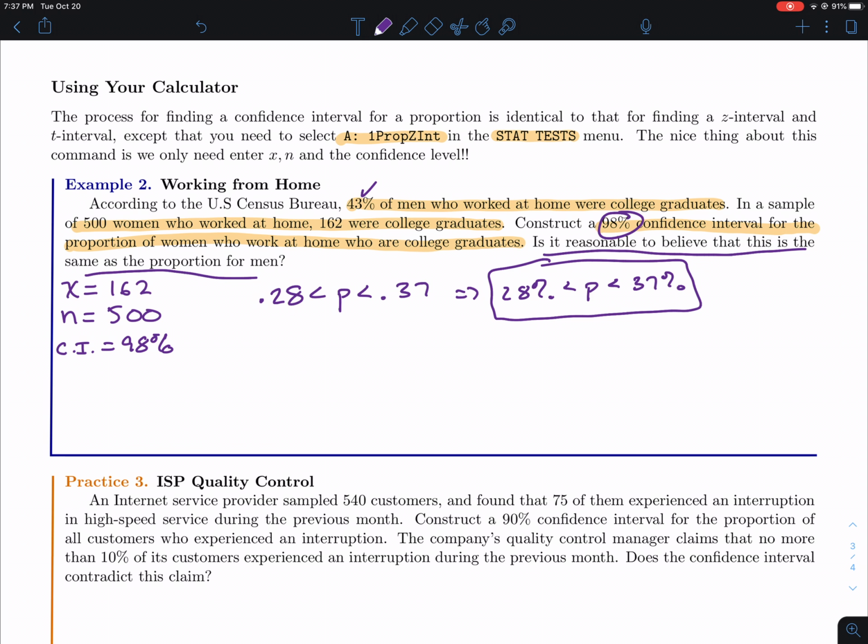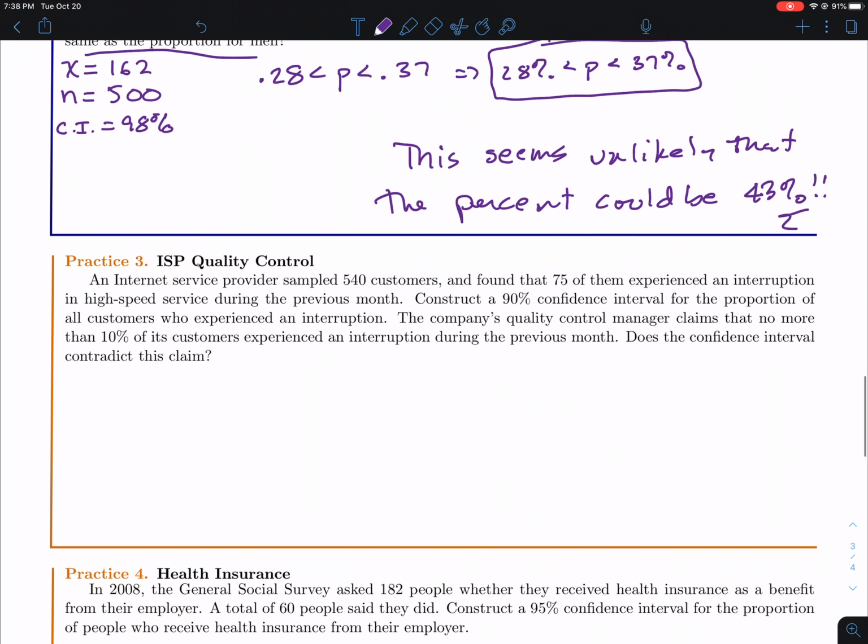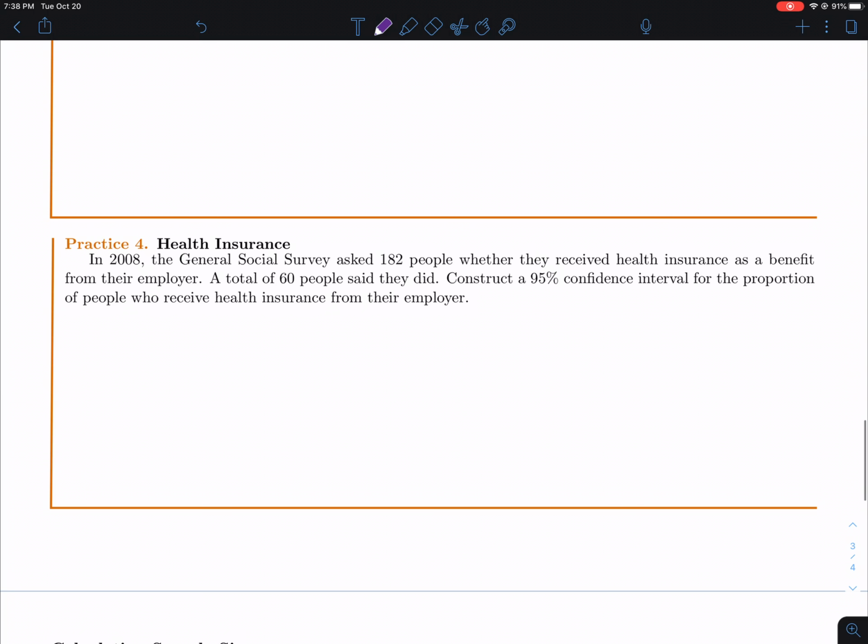So it seems pretty unlikely that the percent could be 43%, based on our sample in this case. So, all right.